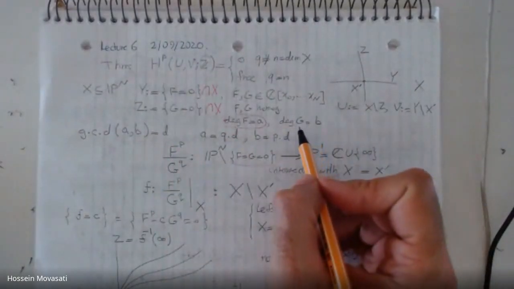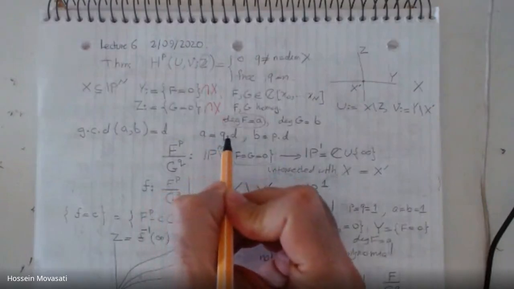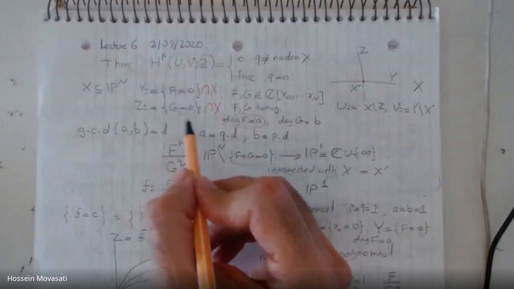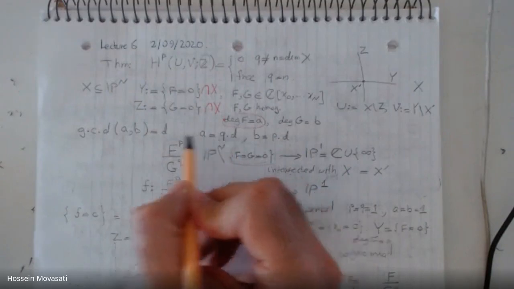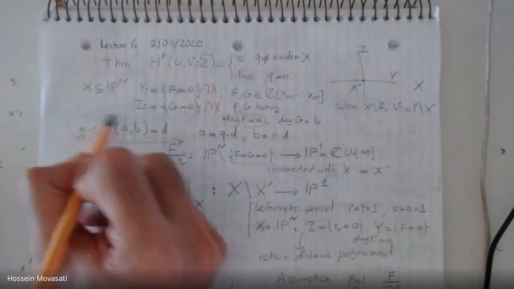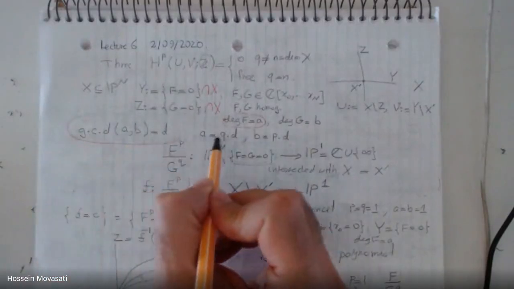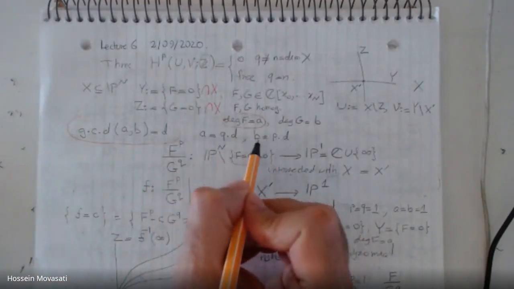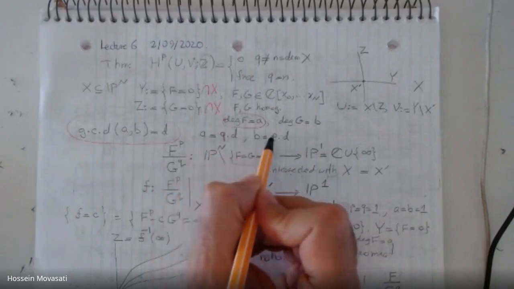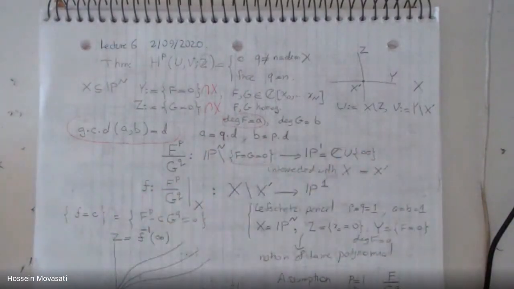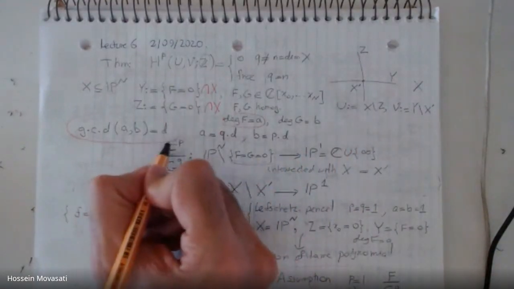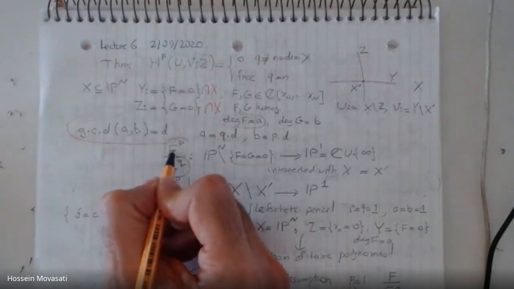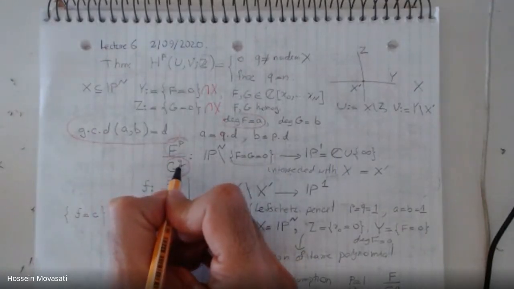Okay, let's go. So in order to prove the main theorem, I need the notion of fibration. So I will take the greatest common divisor of a and b equal to d. I will divide a by d and b by d, and then I will call this q, the other one p. And so if I form this quotient, then upstairs and downstairs we have homogeneous polynomials of the same degree.